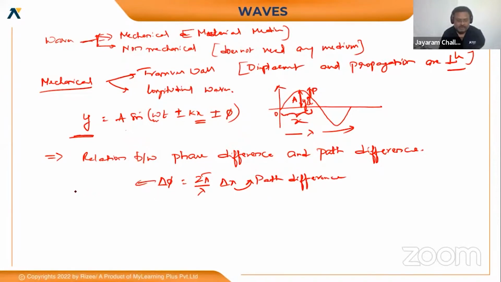This is called phase difference. This is the general relation. If you need the relation between phase difference and time difference, it is 2 pi by T into delta t.